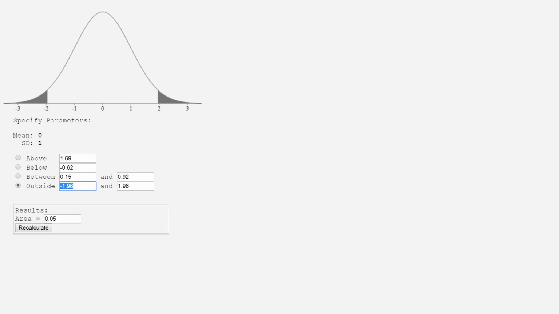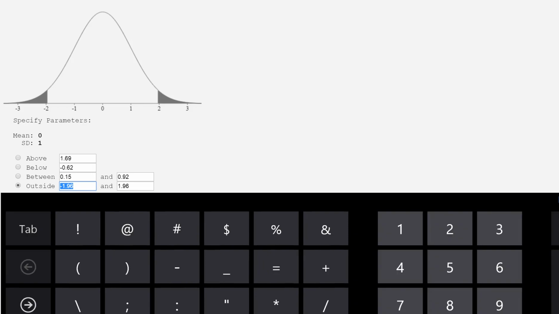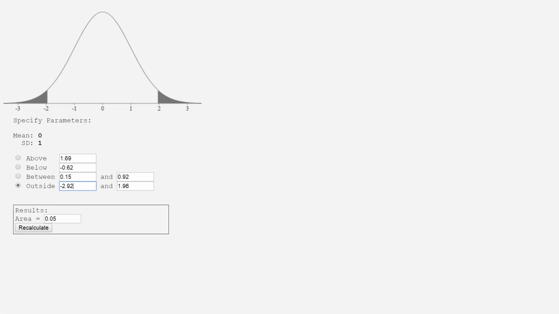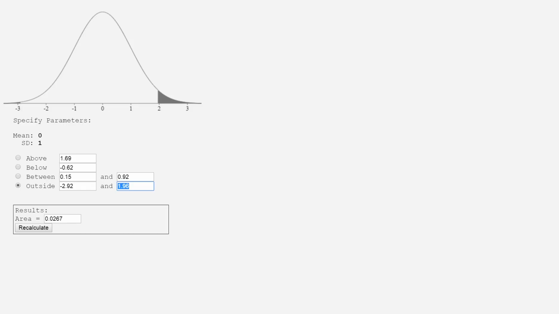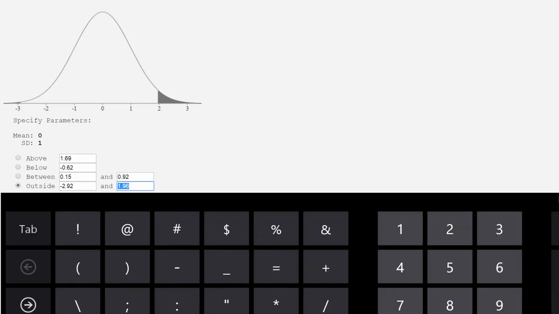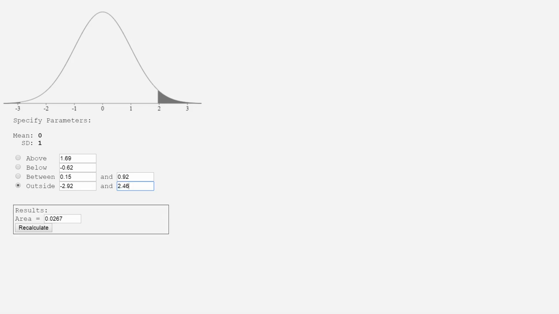So this is negative 2.92, and then this upper value was for 11 hours, which was 2.46. Okay, now I'm going to click recalculate.